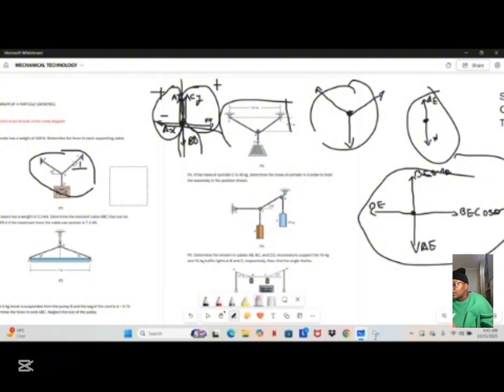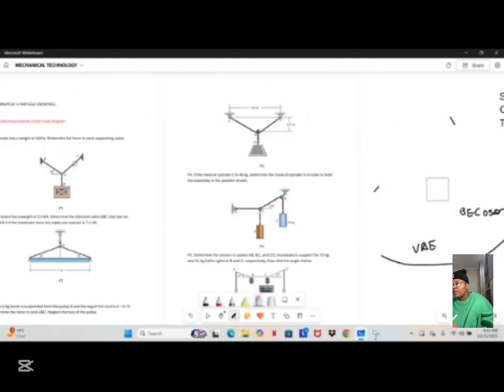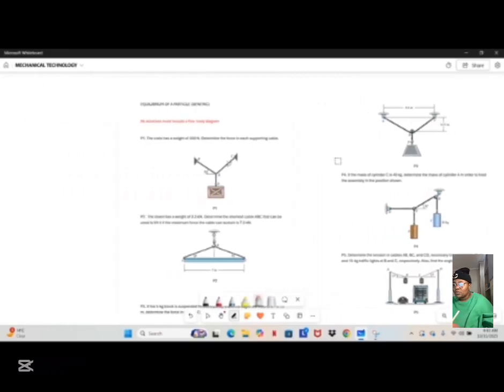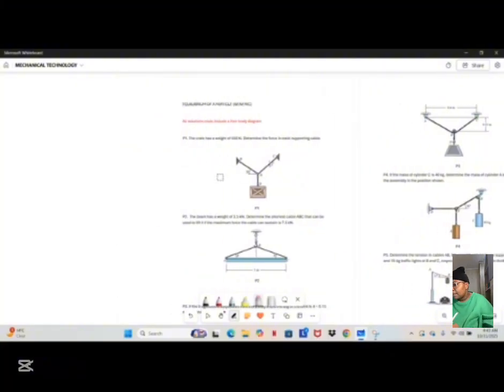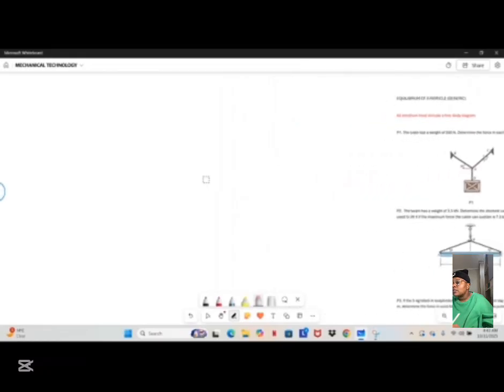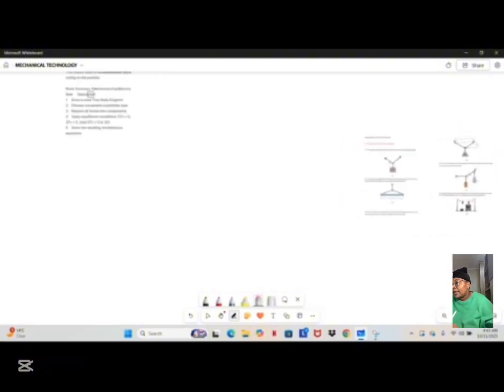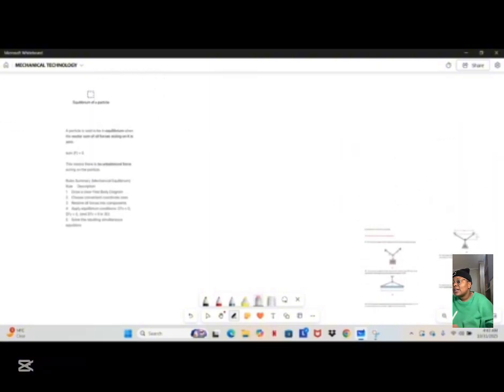So far we have learned how to draw our free body diagram. We have learned how to choose our convenient coordinates of the x-axis and the y-axis, and then we have learned how to resolve all forces into components, which is the sine theta and the cos theta. The vertical is sine theta, the horizontal is cos theta. We know that. This is a reminder, a point which I should emphasize so far.